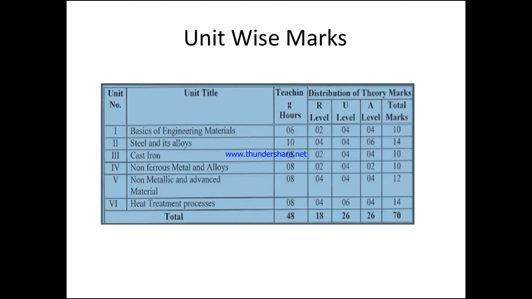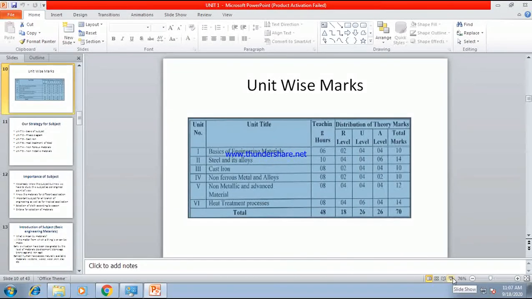So this is about the unit-wise marks as far as the end semester examination is concerned. This is the mark system of the final paper. So we will stop here and study the next one.